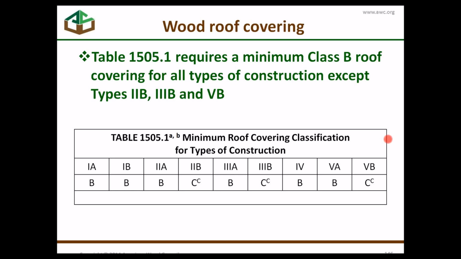You want to be careful here because in many cases you can have a classification for your roof covering, but one of the footnotes in the table itself says be careful if your jurisdiction uses the International Wildland Urban Interface Code.